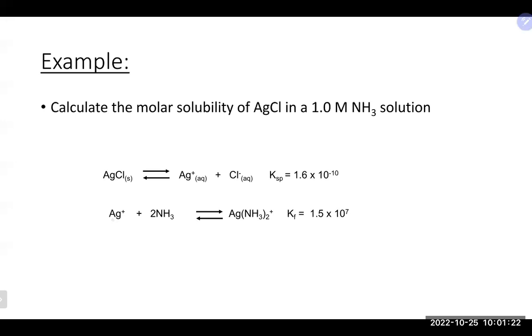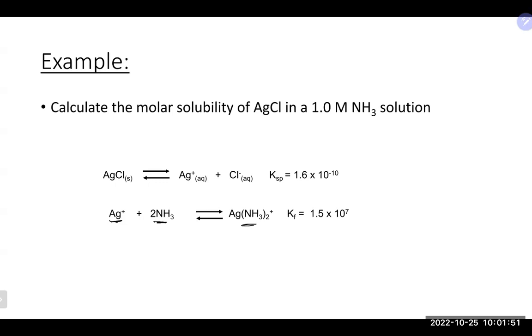The next one is complex ion formation with silver and ammonia, which is a very good ligand, and makes our complex ion, the diammine silver(I) ion, and it has a KF value of 1.5 times 10 to the 7. So we're looking for the solubility of it in 1 molar ammonia solution.